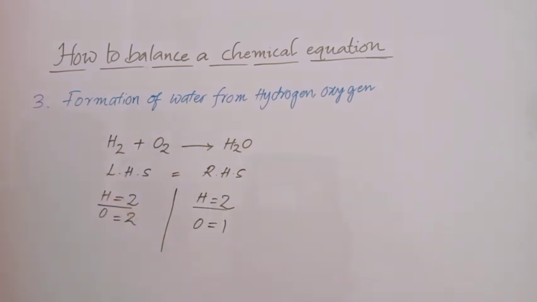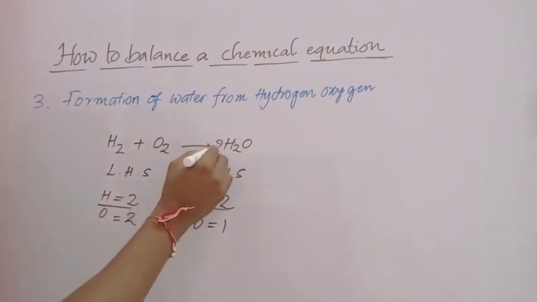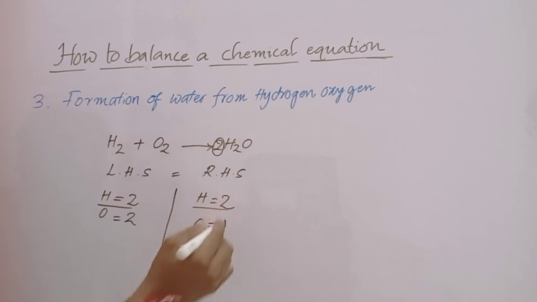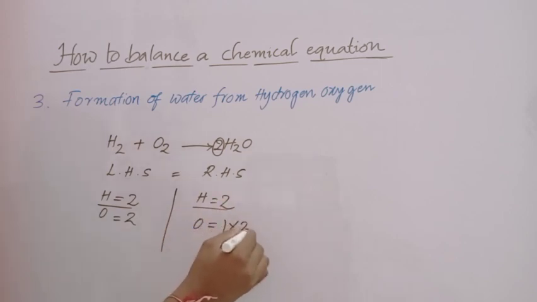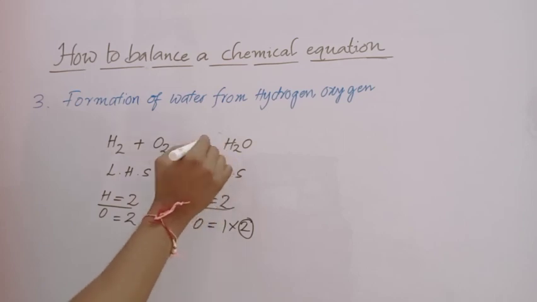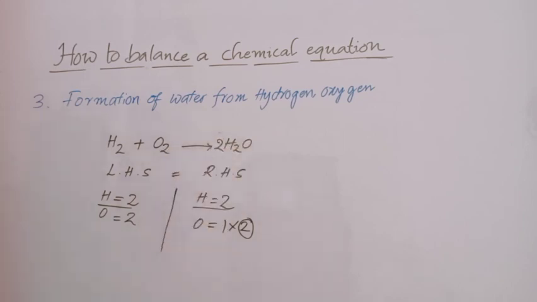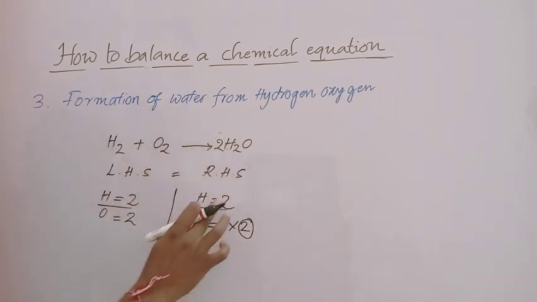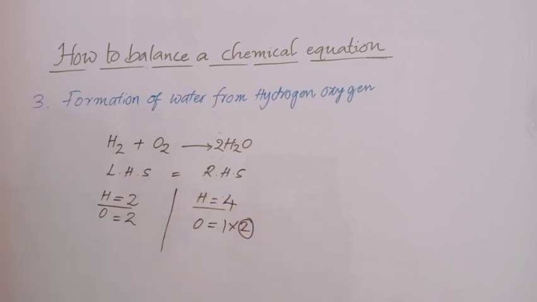How can you change it? Multiply by 2: 2H2O. While you change the number of oxygen, the hydrogen number also changes: 2 into 2 is 4.